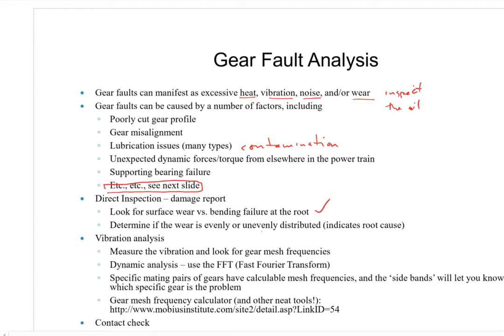And then also determine if the wear is evenly or unevenly distributed. If it's unevenly distributed, that means you probably have some sort of misalignment issue or improperly cut gear profile. So, the location and distribution of the wear both indicate the root cause.